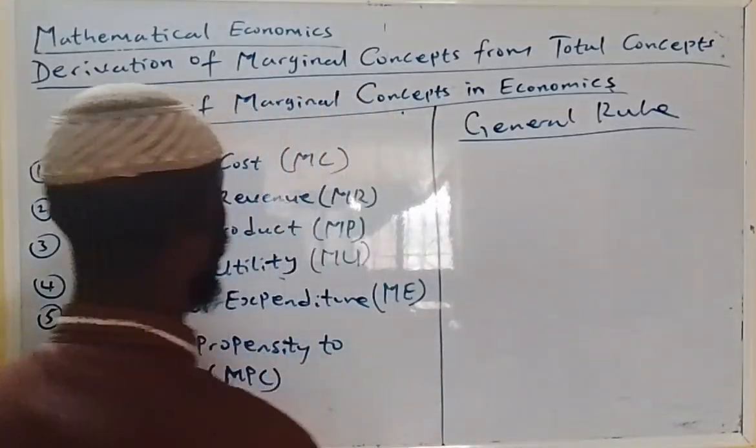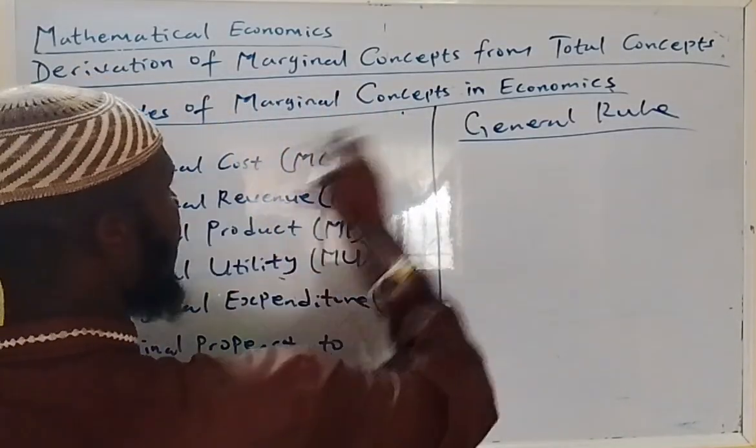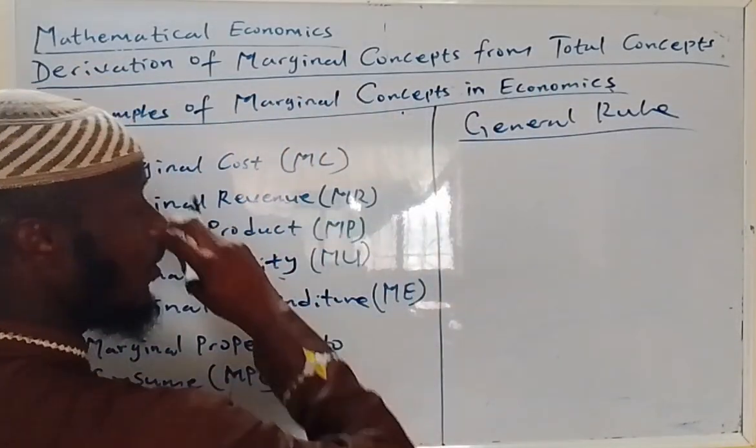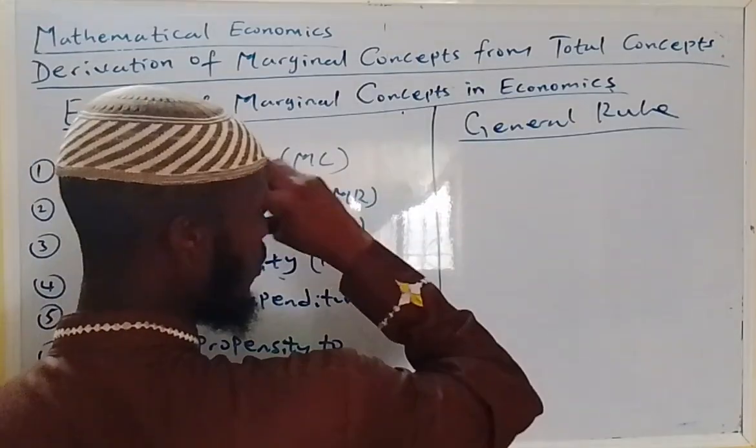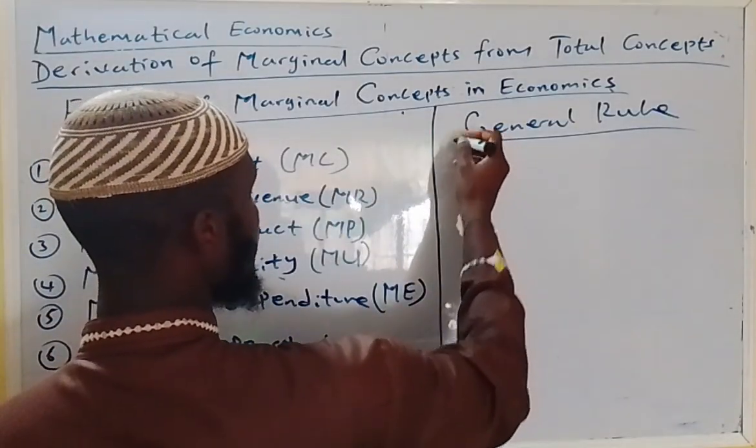The general rule is that to derive a marginal concept from a total concept, what we need to do is to differentiate.